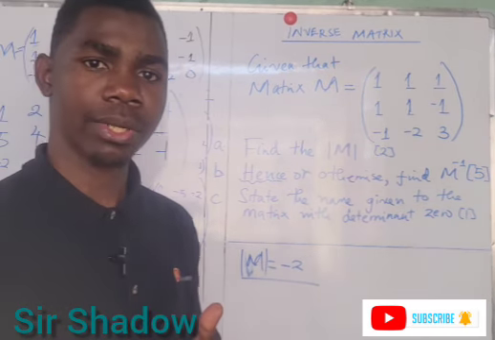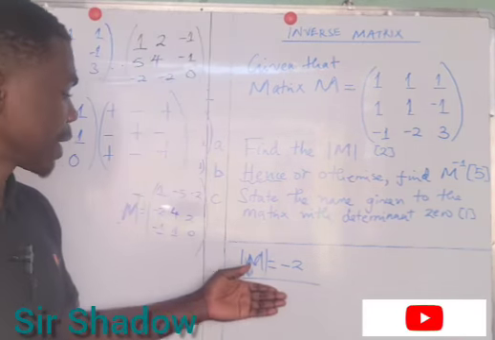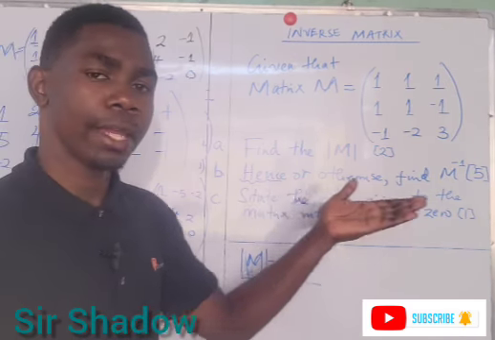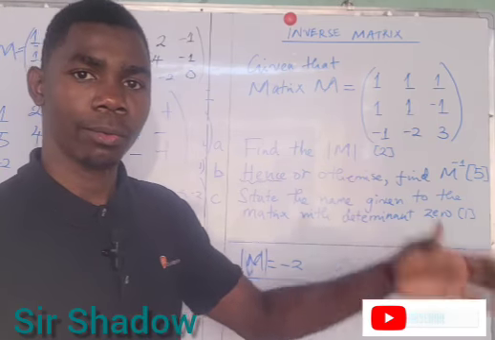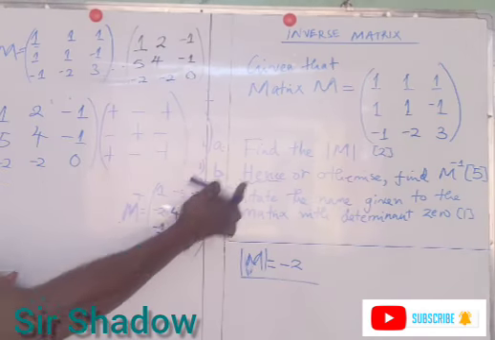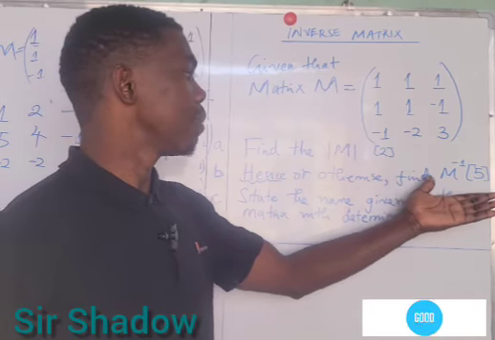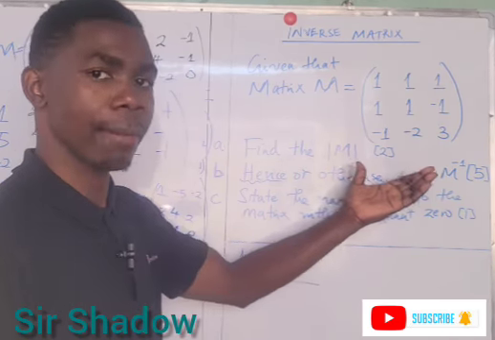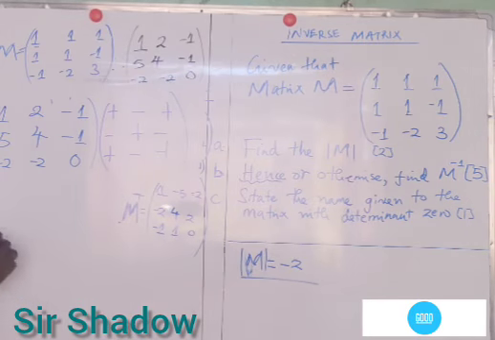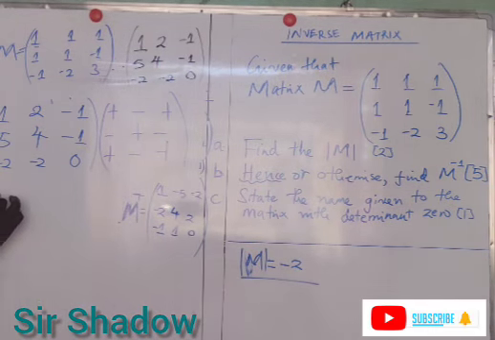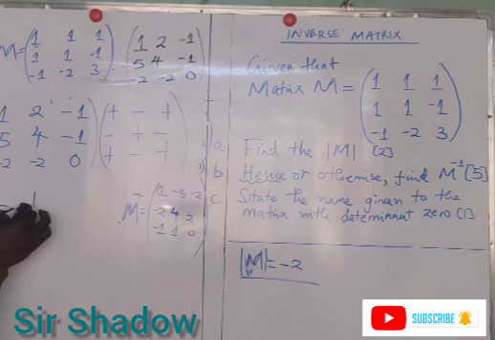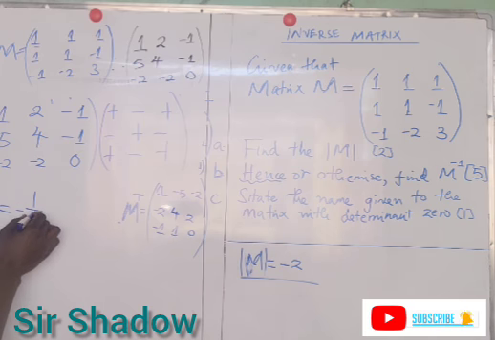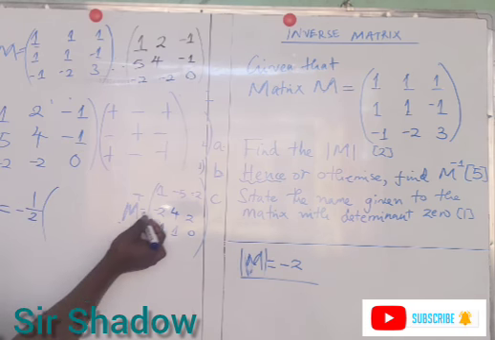Since we have the transpose, we already have the determinant of matrix M, which is negative 2. We want to use the adjoint in order to find the inverse of matrix M. So the inverse of M is equal to 1 over the determinant, which is negative 2, times the transpose.